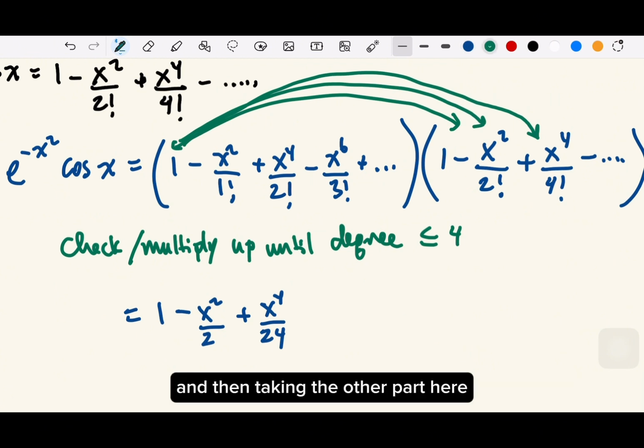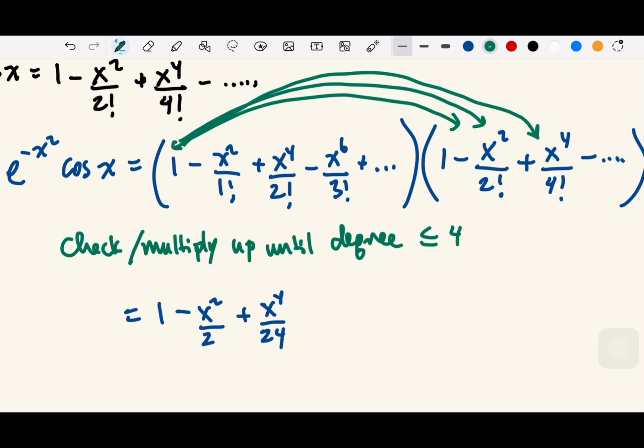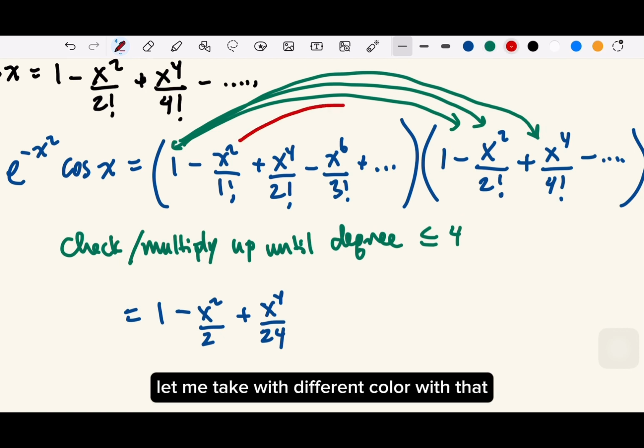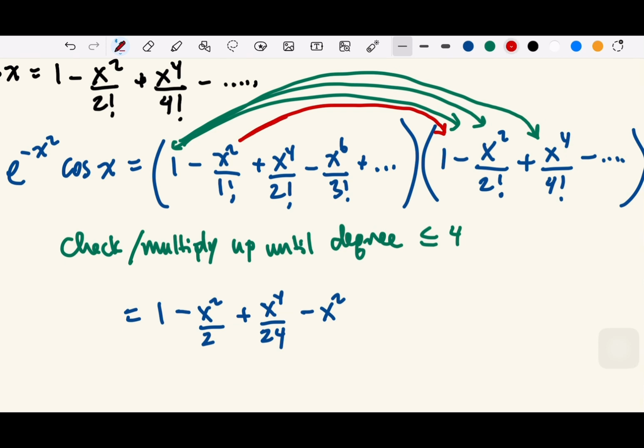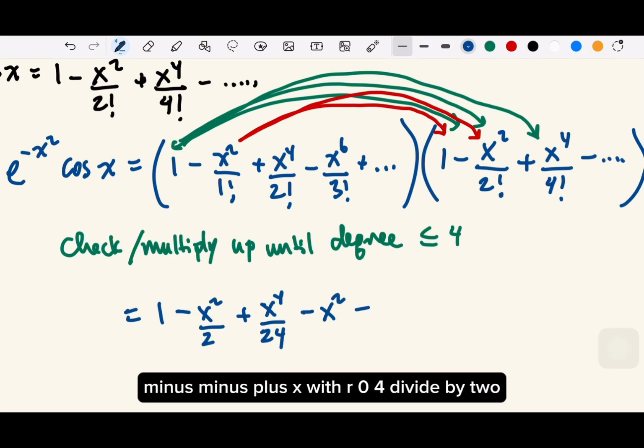And then taking the other part here, maybe with a different color, that will be minus x squared, minus plus x to the power of 4 divided by 2.